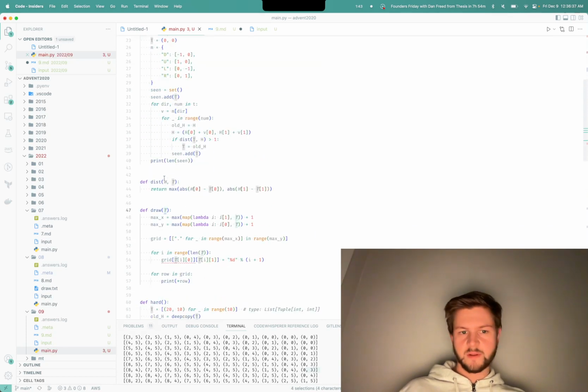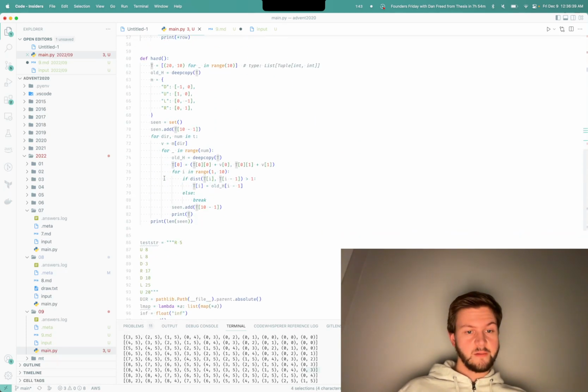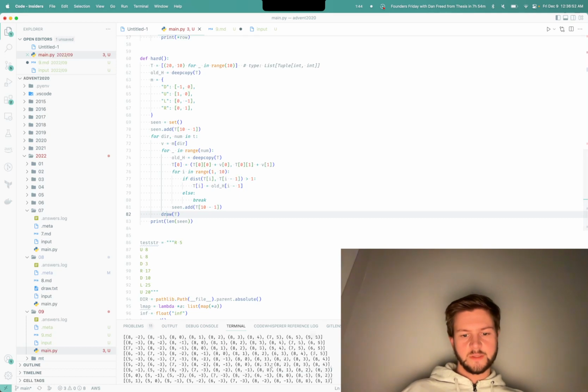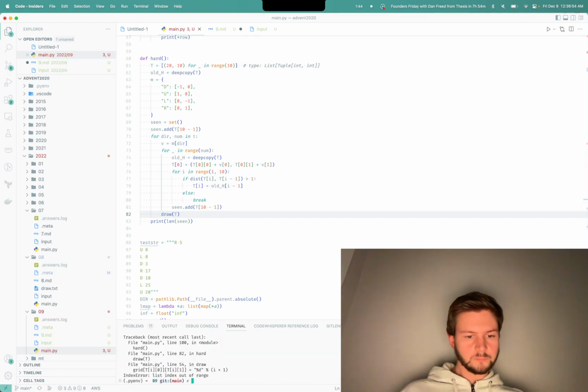Shouldn't be. So I think here, let's try this. List index out of range.